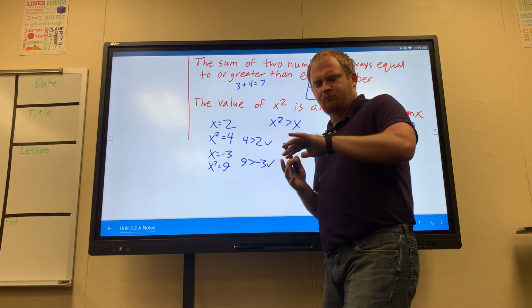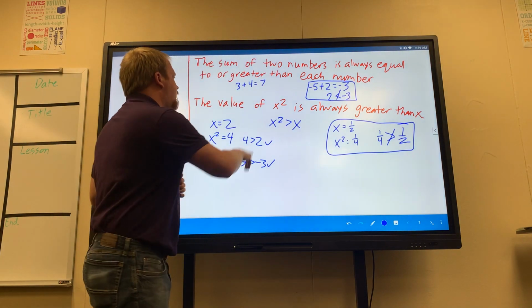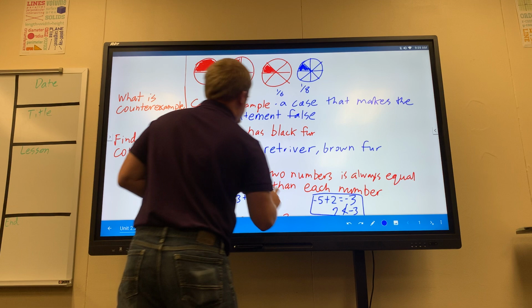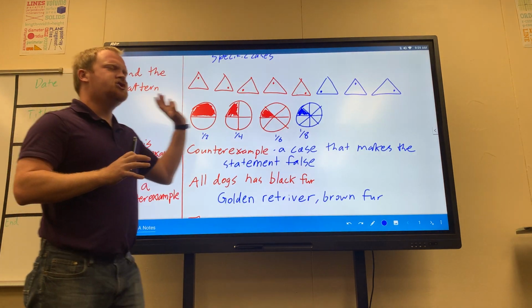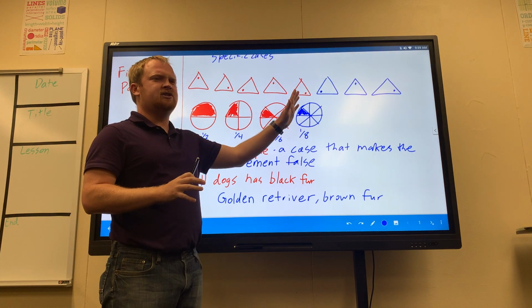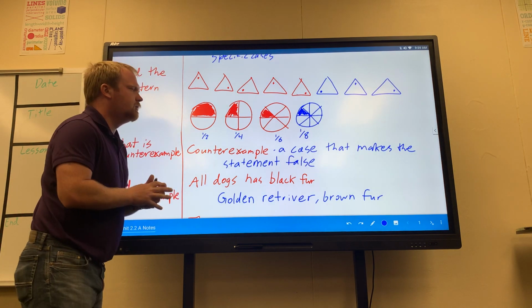So really the whole premise of this is that inductive reasoning is being able to look at patterns and make a conjecture out of it, which, basically, when it's a conjecture, it's just an unproven statement. Okay?